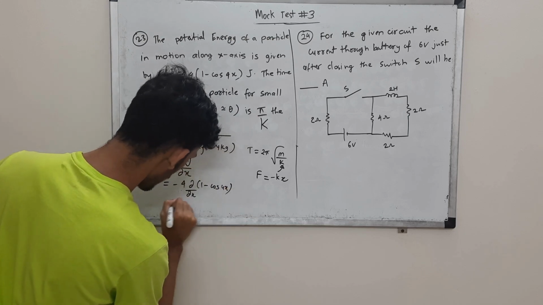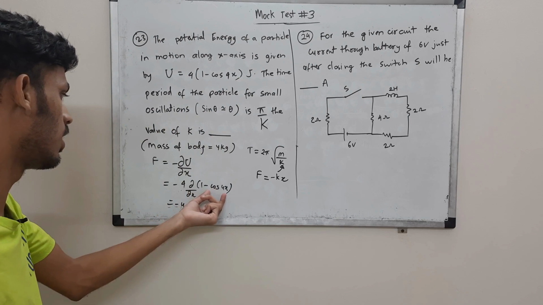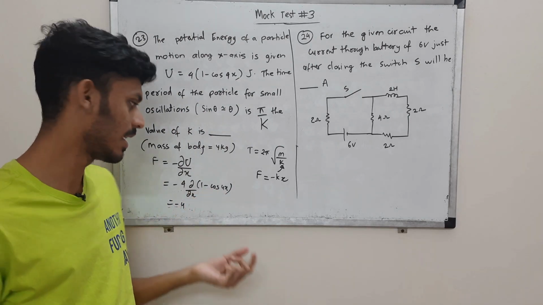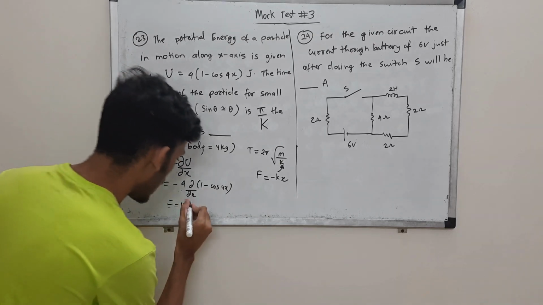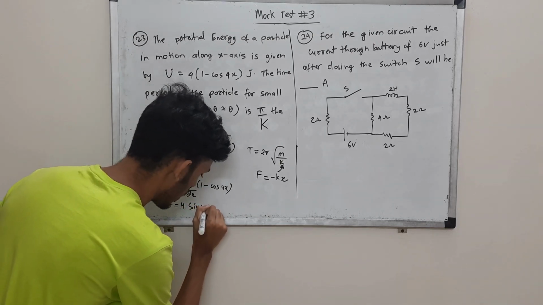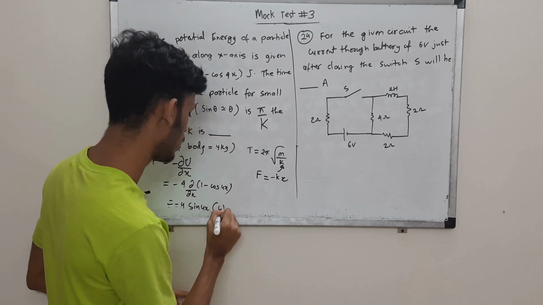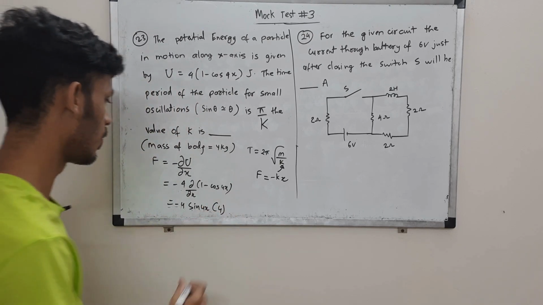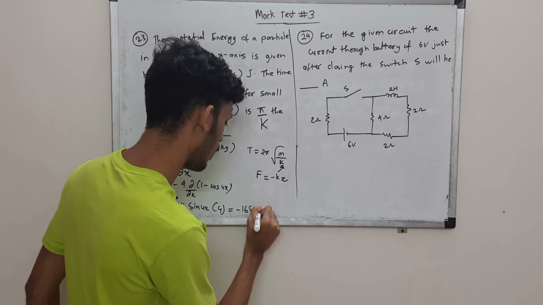So it will be minus 4, and here 1 is constant, derivative of cos x is minus sin x, and this sign will cancel. So sin 4x, and again for 4x we have to use the chain rule, so derivative of 4x is 4. So here we get minus 16 sin 4x.